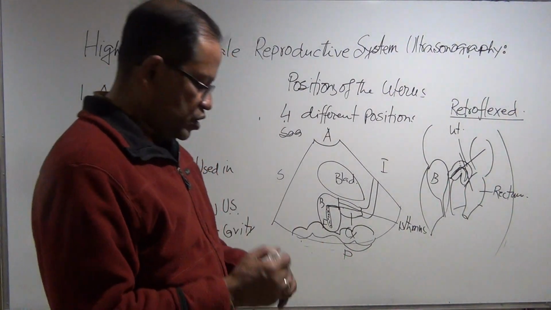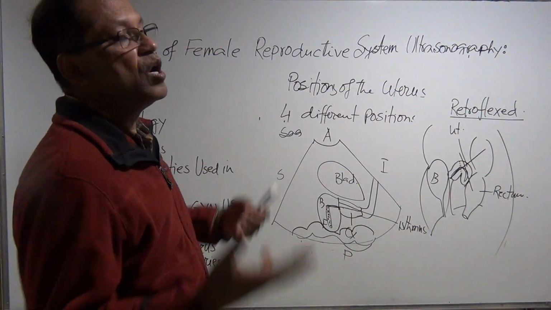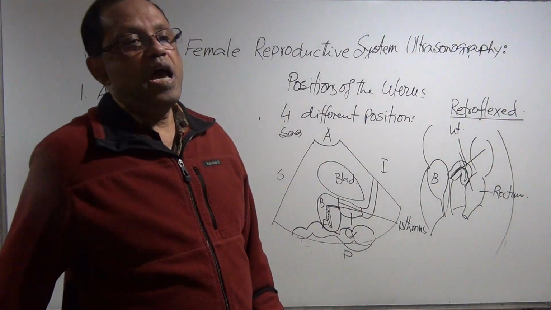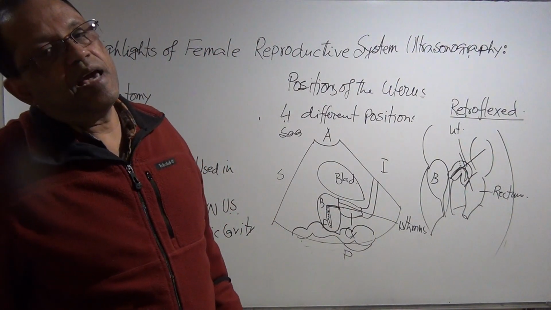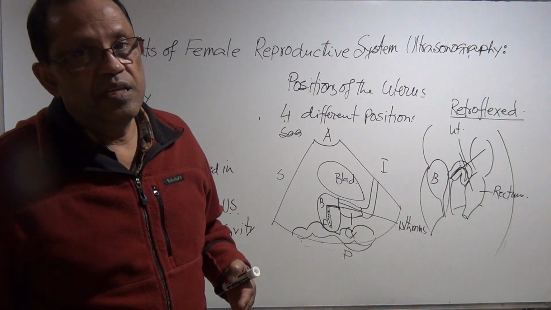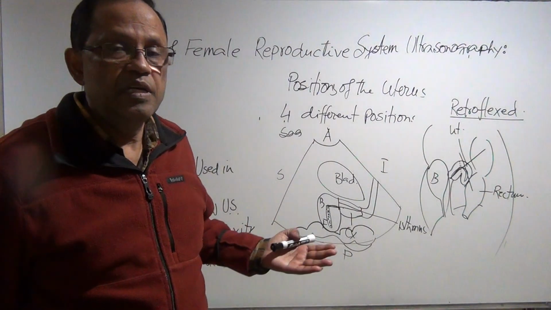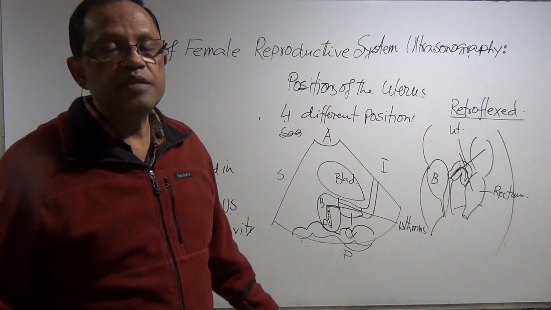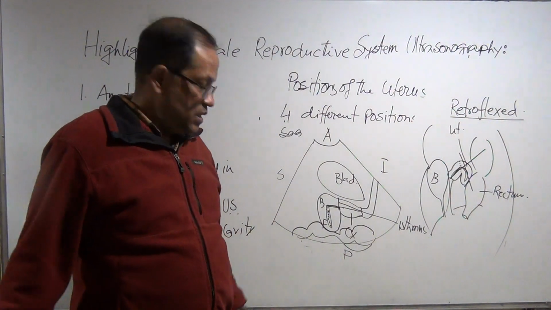It can cause constipation, obstruction, and conceiving can be difficult, but still 10% are present and they conceive nicely.